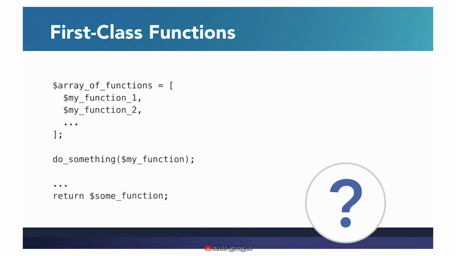We would probably never think of, for example, creating an array of functions or passing functions as arguments to other functions, or even stranger, returning functions from other functions. However, in functional programming, it's not only possible to do these things, it's in fact a source of tremendous flexibility. And this is exactly what we mean when we say that a language supports first-class functions. It allows us to treat functions in a very similar way to how we normally treat other values, such as numbers, strings, and objects.